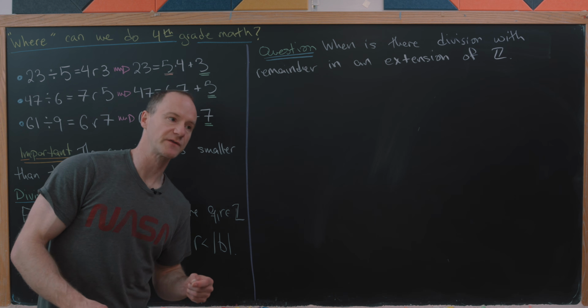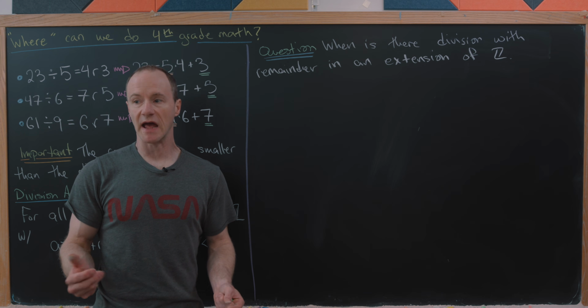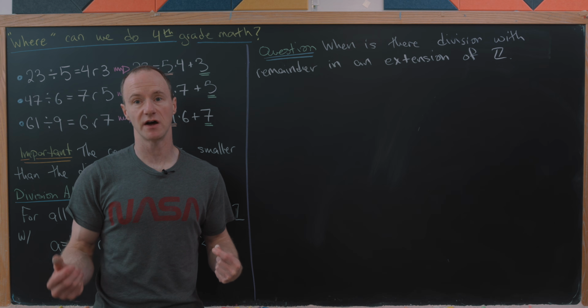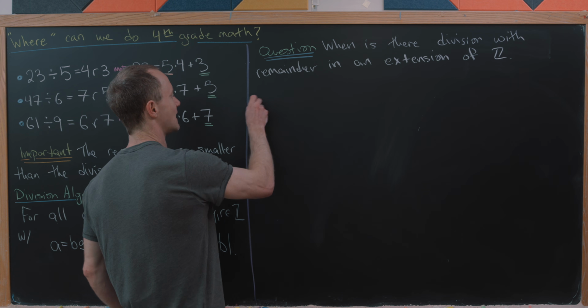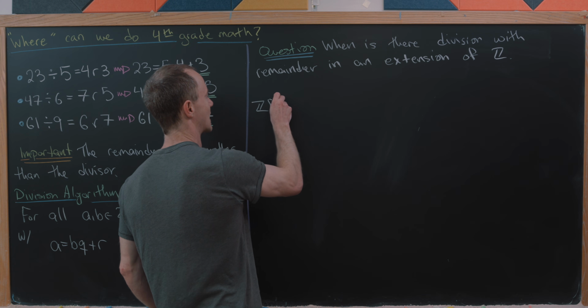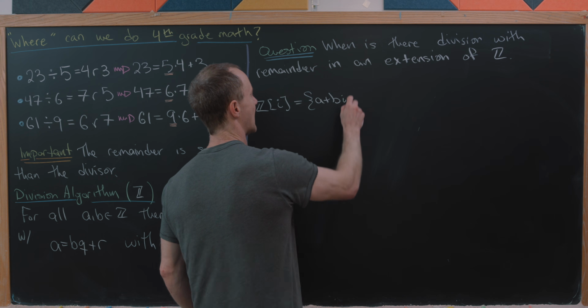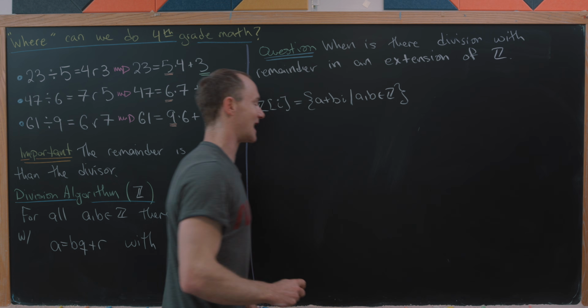To put it very briefly, you start with the integers and then you introduce a complex number and you make sure that the new set that you have is closed under addition and multiplication. So some classic examples are the so-called Gaussian integers, which is what you get if you start with the integers and you introduce the imaginary unit i.